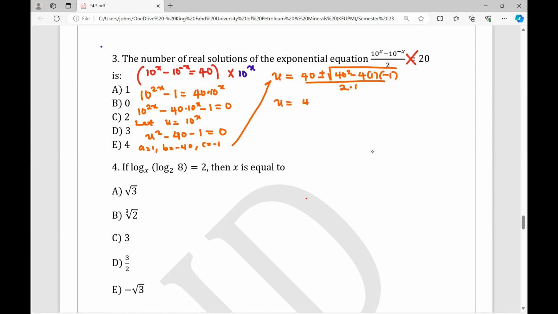So u is going to be 40 plus or minus the square root of 1600 plus 4, everything divided by 2.